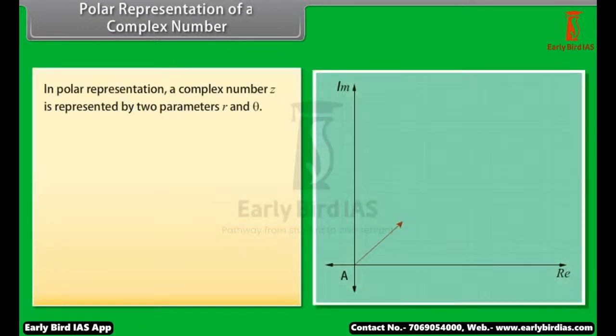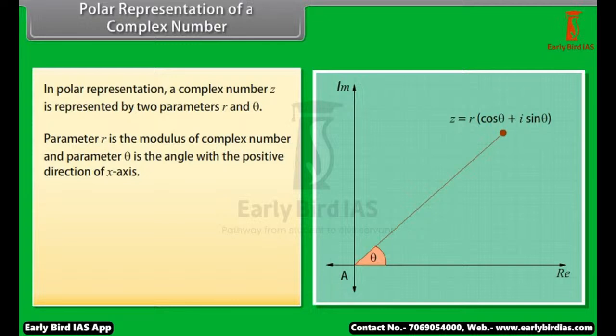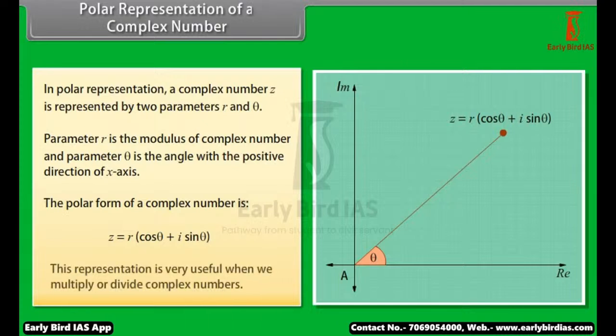In polar representation, a complex number z is represented by two parameters r and theta. Parameter r is the modulus of complex number, and parameter theta is the angle with the positive direction of x-axis. The polar form of a complex number is z is equal to r into cos theta plus iota sin theta. This representation is very useful when we multiply or divide complex numbers.